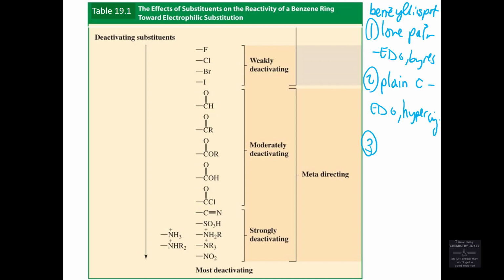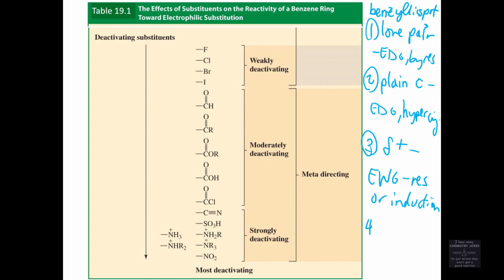In the benzylic spot, you might have a partial positive, like nitrile had a partial positive. That's a withdrawer that might withdraw by resonance. It might withdraw by induction. It just kind of depends on specifically which kind of group it is.